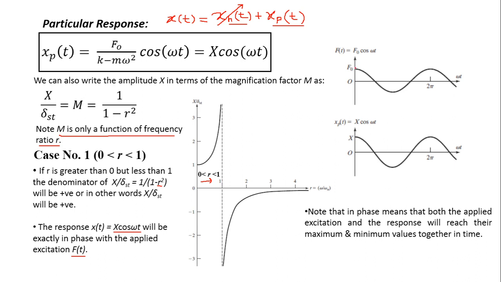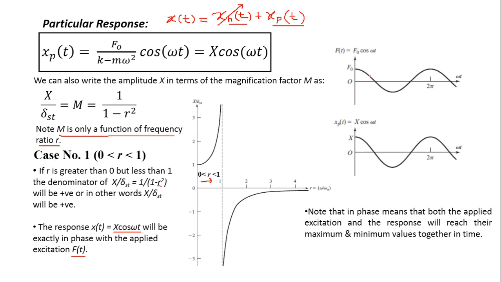And so in phase with the input excitation means that when this excitation input function reaches its maximum value, the response will also reach its maximum value. So therefore the inertia element and the excitation function both will be in phase. They will move in the same direction. So when f is positive, this response function or the displacement of the inertia element will also be positive.